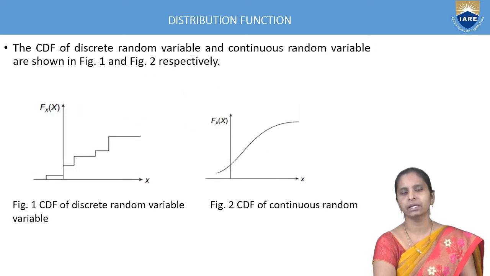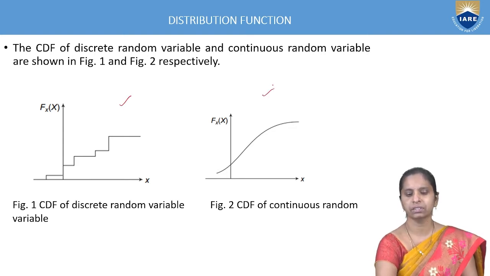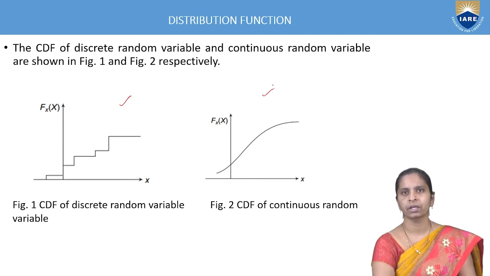So let us see the graphs of the distribution function for a discrete random variable as well as for a continuous random variable. The first figure shows the distribution function of a discrete random variable. If you observe, the shape is like a staircase.